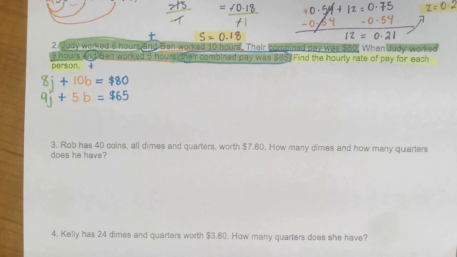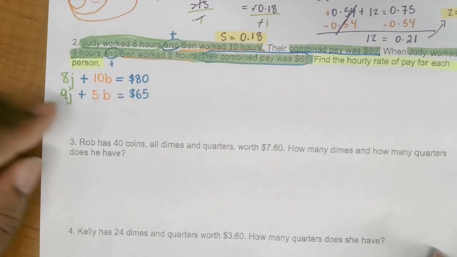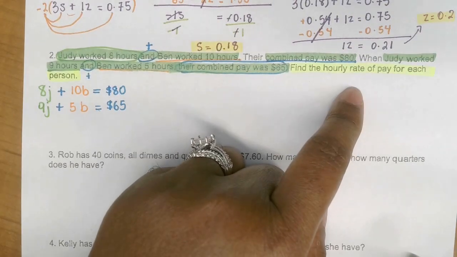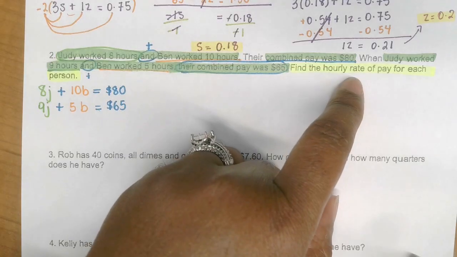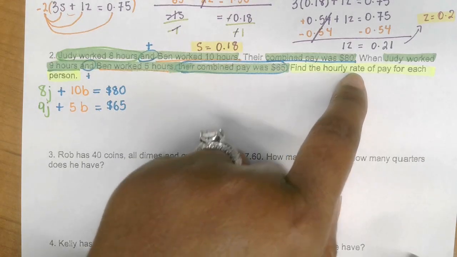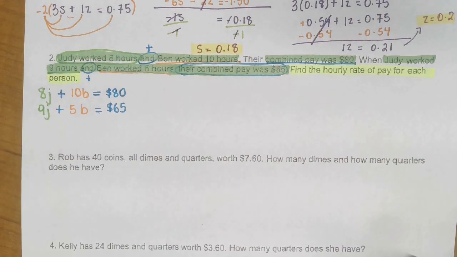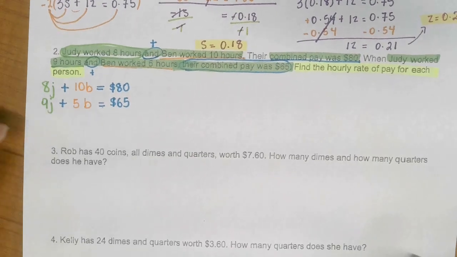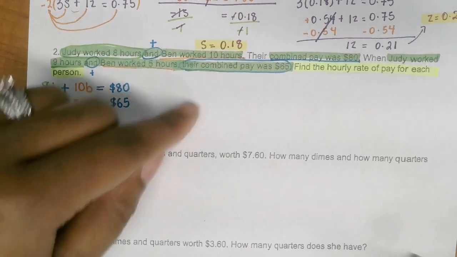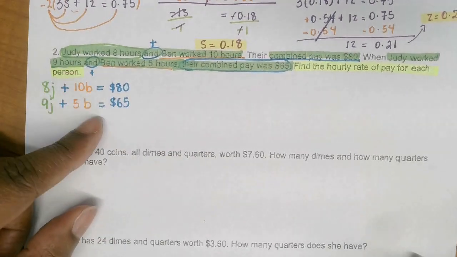Now the other part is where it gets complicated. I'll try my very best to explain it as simple as I can. So we know that our goal is to figure out how much money they made an hour for each person, for Ben and Judy. And we got to get that information from this.